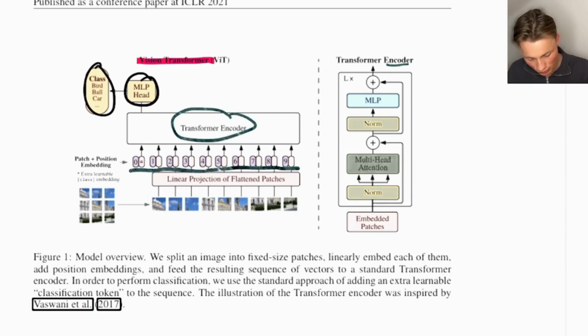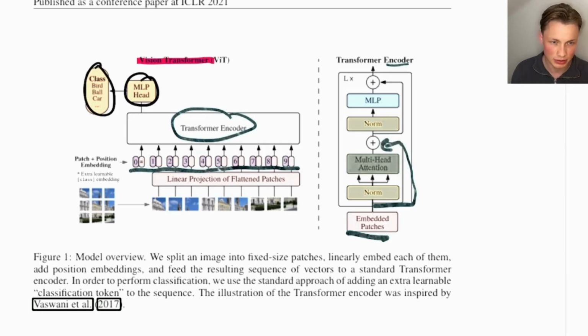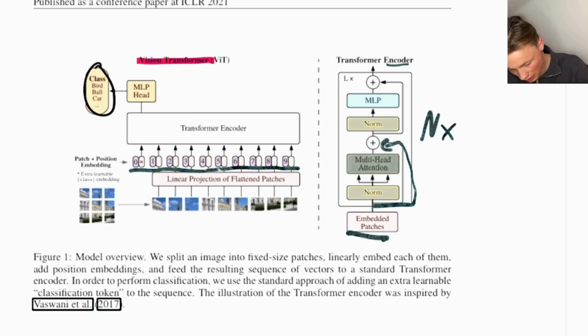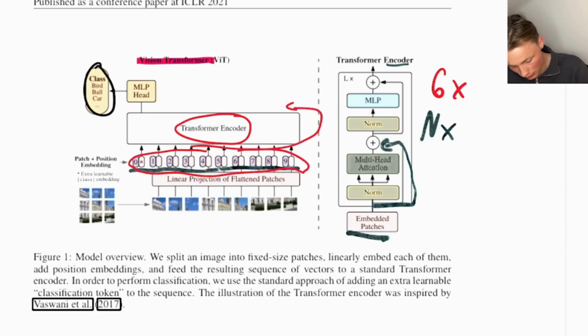But we see we have the embedded patches, we do normalization, we have the skip connection, we don't use any masking or stuff like that. And yeah, we use these encoder blocks n times. And then the most important part: at the end of our last transformer, so if we do it 6 times, we have 6 transformer blocks, and then we have this output again here.